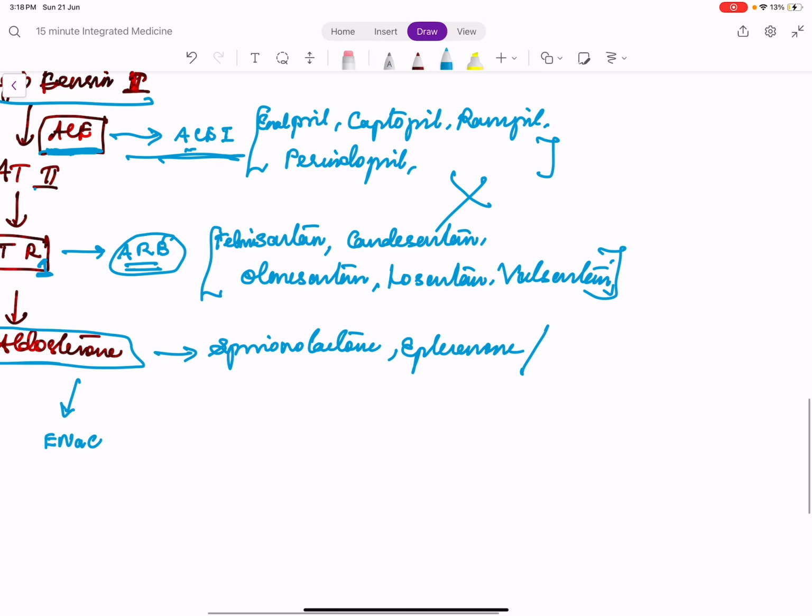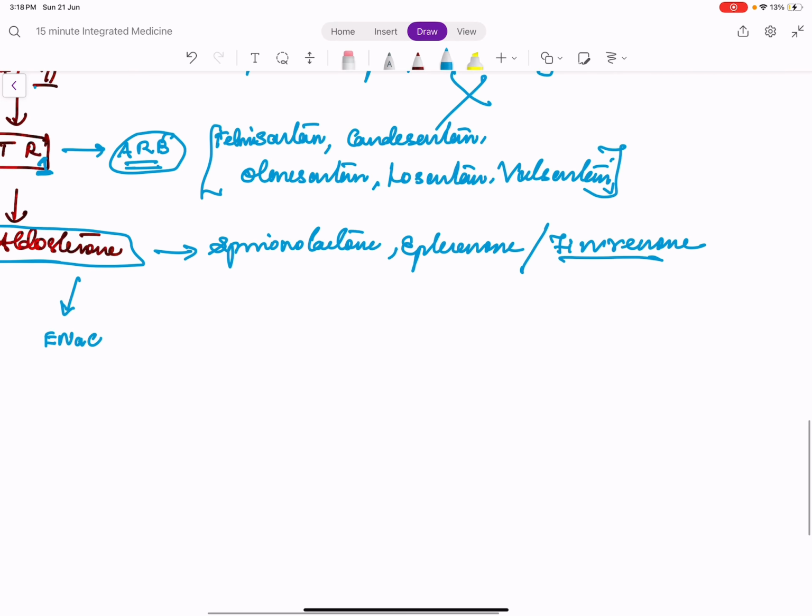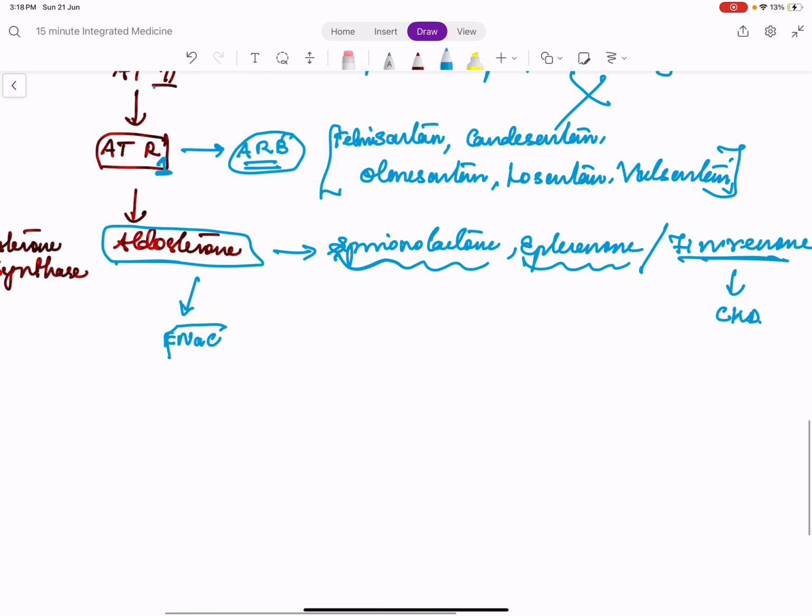And a newer drug which is finerenone. Finerenone is the latest approved aldosterone antagonist in CKD, especially diabetic kidney disease. Spironolactone and eplerenone are older drugs. We have the next category, which is epithelial sodium channel blockers. Just remember the names amiloride and triamterene.